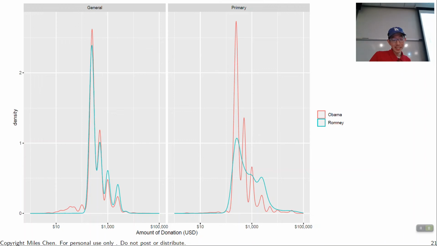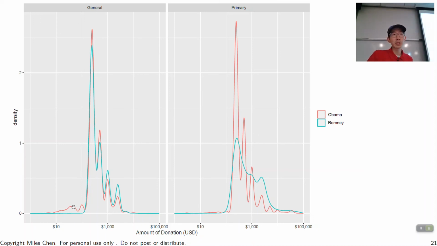I don't know. I'm not quite sure. Apparently, in the data set, it doesn't look like there were any donations, which is a little bit surprising. You'd think there's got to be somebody who donated just $100 or something to Romney. So it does look like that, and that is a little bit strange, and it could be something like, let me double check the data set, right?